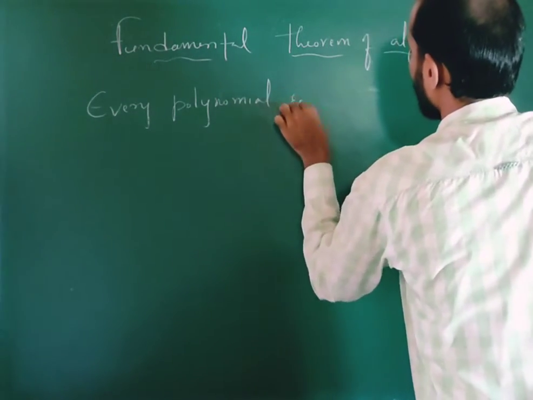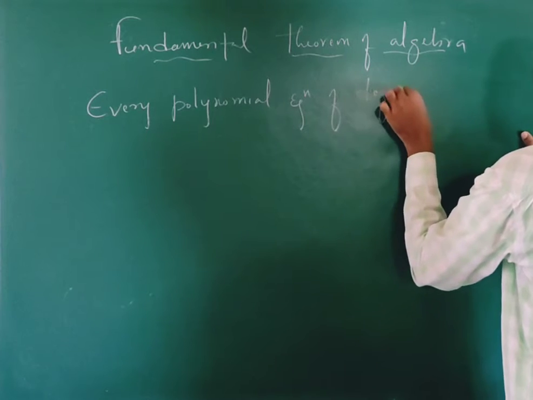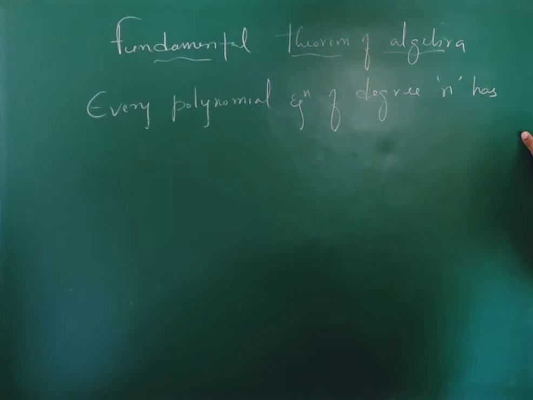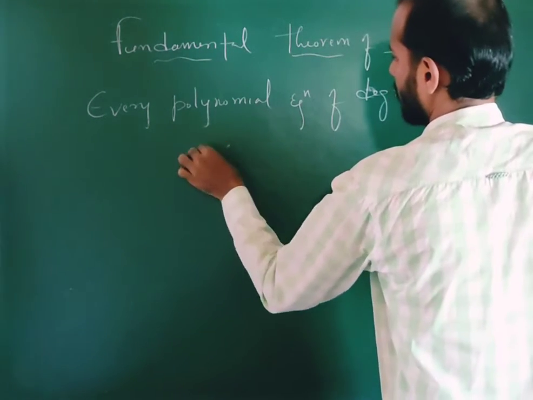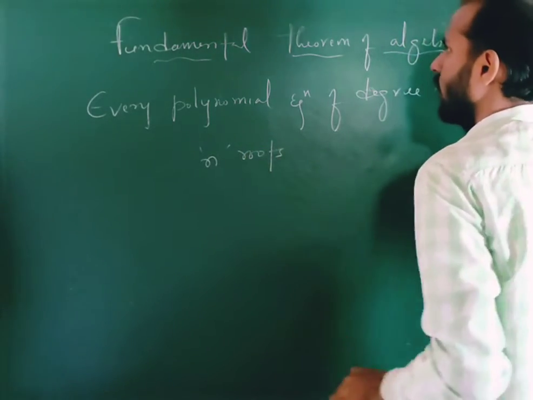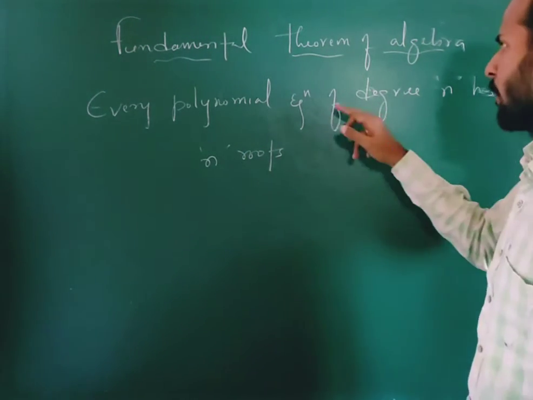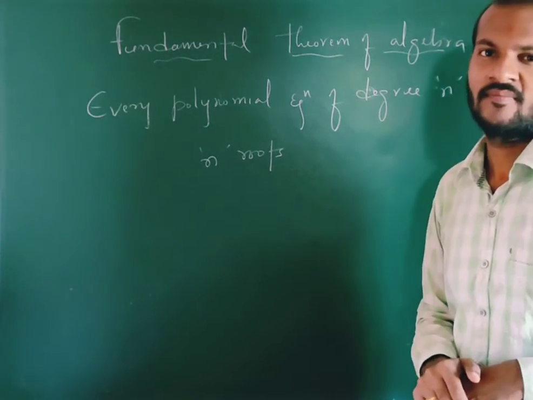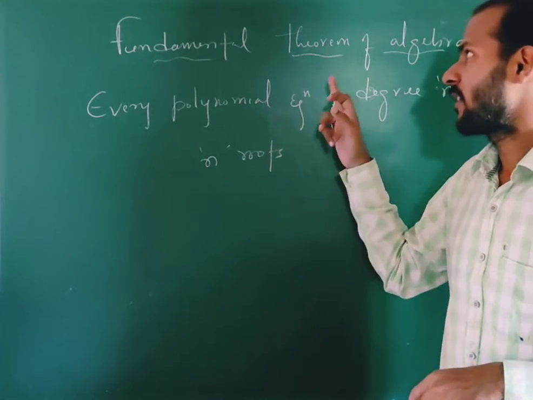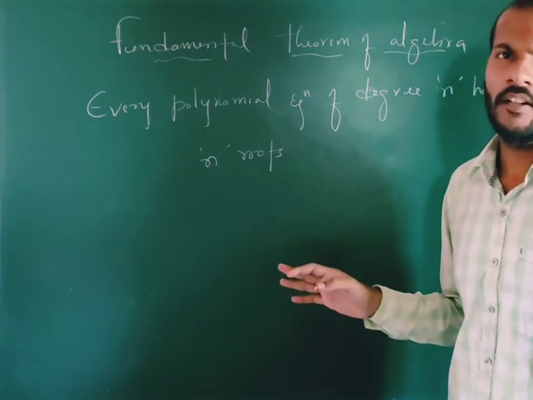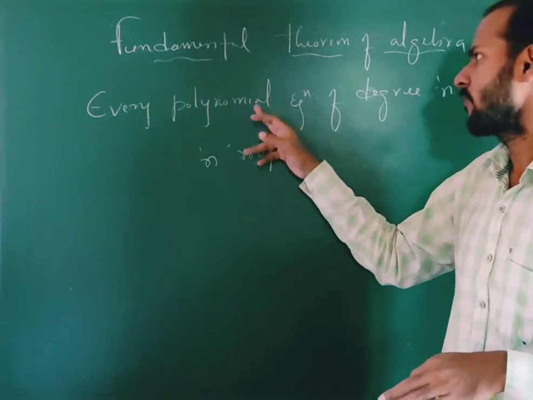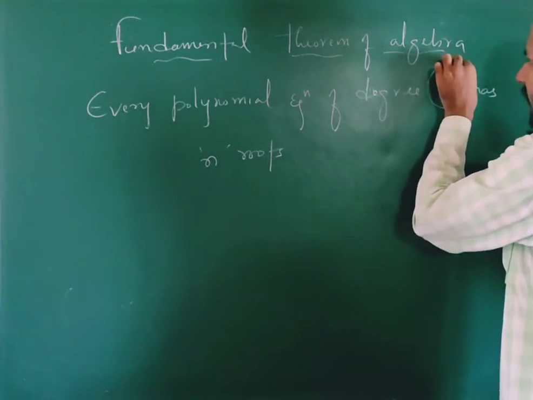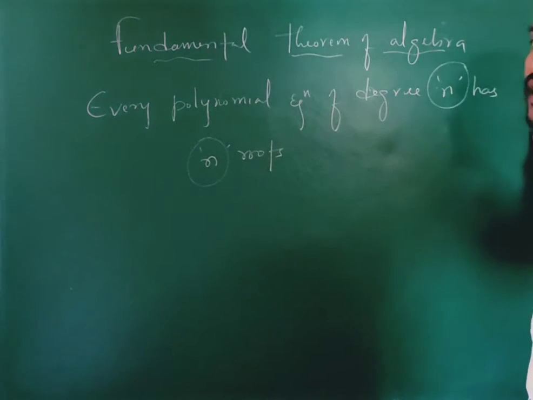Every polynomial equation of degree n has n roots. You can take any polynomial equation of degree n; it has n roots. However much degree it has, that many roots we get.